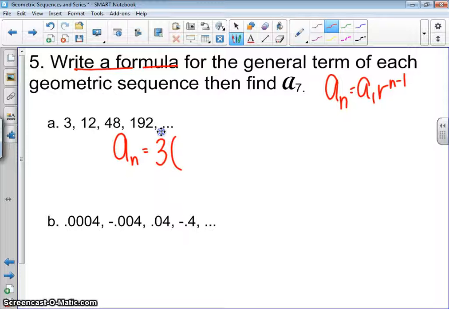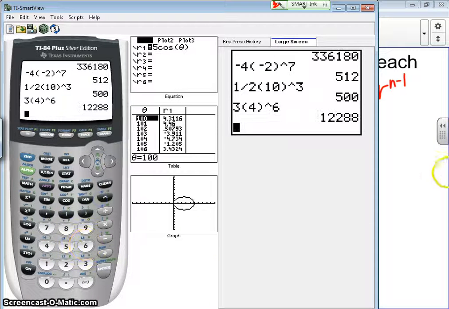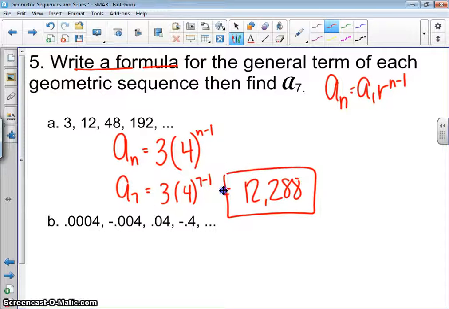R is going to be, I'm multiplying each of those terms by 4, and so then the N minus 1 is going to be my exponent, and then that's my formula. And if I wanted to find A7, I would say 3 times 4 to the 7 minus 1, which is 6, and when I plug that in, 3 times 4 raised to the 6th is going to be 12,288. So my 7th term should be 12,288.